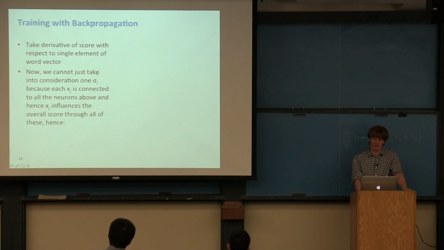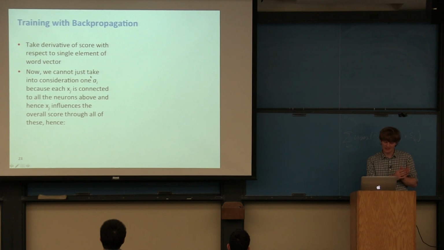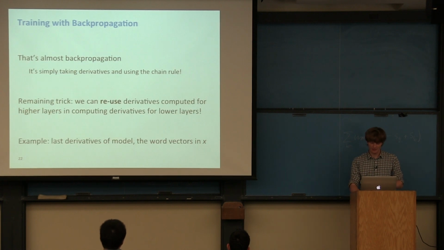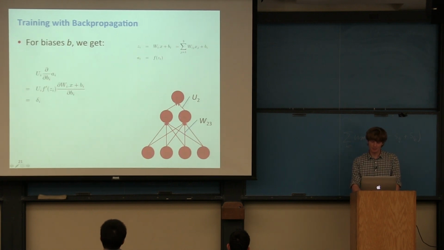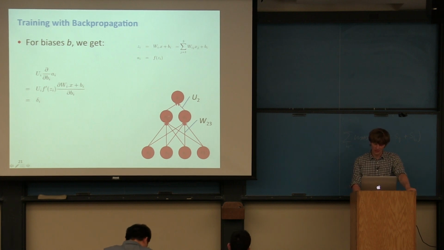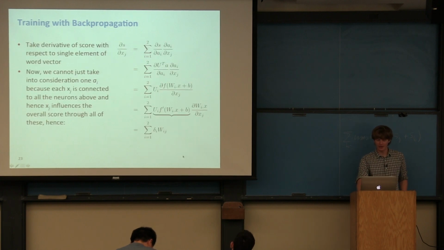The first thing to note here is that each xj appears in both of those hidden units. So x2 appears in a1 and in a2, and so do all the other ones. So we cannot just use a single element here; we have to sum over both of those hidden units.